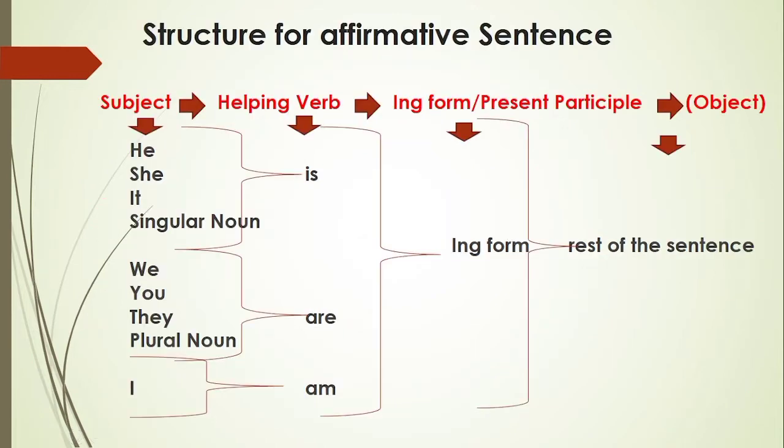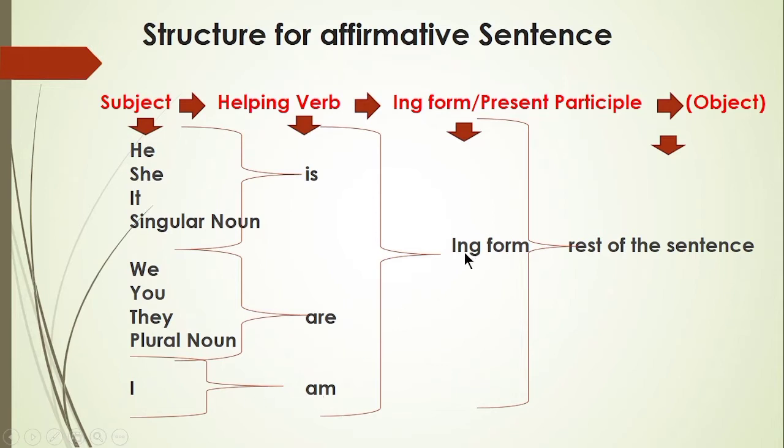Now the structure is, we have three helping verbs: is, are, and am. If the subject is he, she, it, or a singular noun, it is followed by is. If the subject is you, we, they, or a plural noun like boys, girls, teachers, etc., they are followed by are. And if the subject is I, it's followed by am.